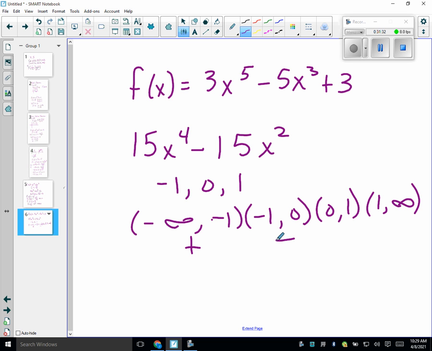First one would be negative. Second one would be positive. We plug it into the derivative. This is negative. On the derivative, 0. This is positive. Right? Okay.